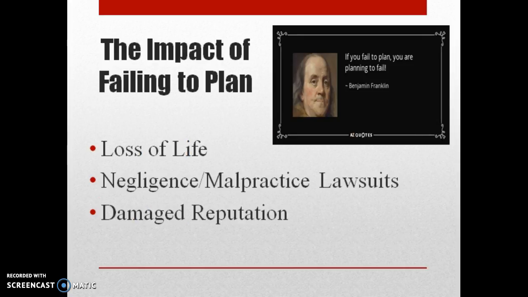Again, accurate information could be the difference between life or death. So preparing is important. And that then leads us directly to the impact of failing to plan. So when we fail to plan, then we're essentially planning to fail. And in the healthcare arena, failing to plan can lead to the loss of life, negligence and malpractice lawsuits, and even a damaged reputation within the industry.